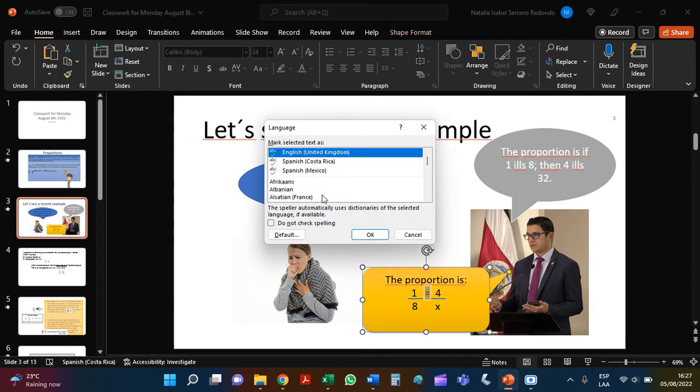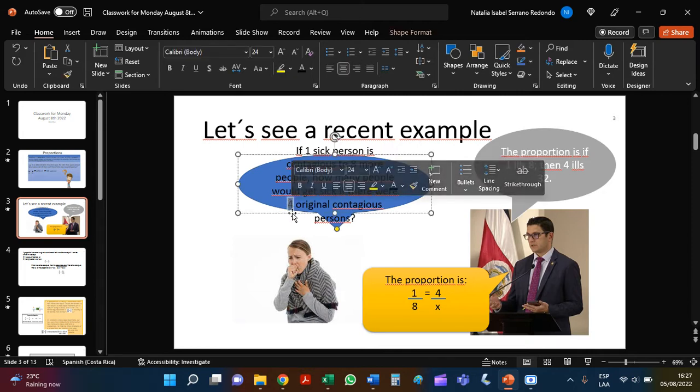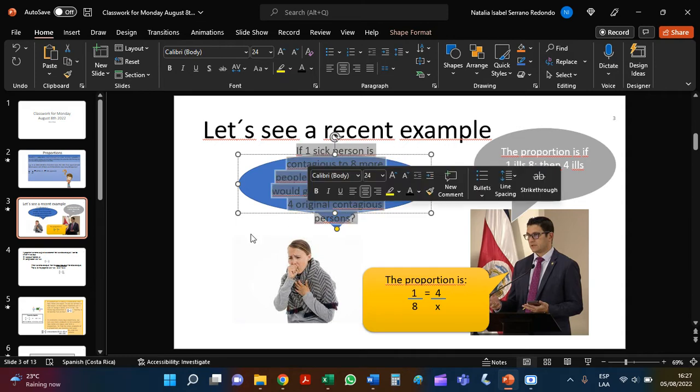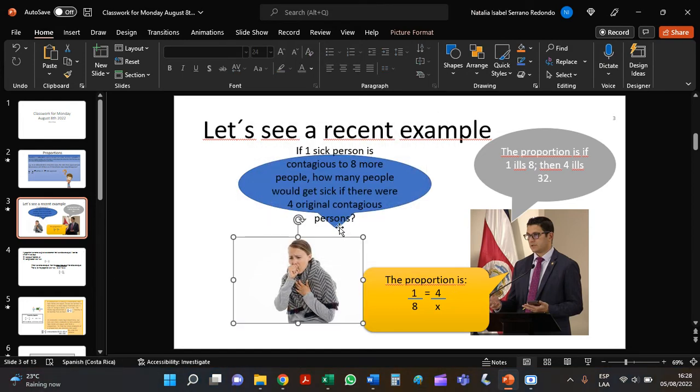Now, the rest of the information we are provided says that there are 4 original people. What would happen if instead of 1, you have 4 original people? So the idea is to make the conversion, okay? 1:8 as 4:x.